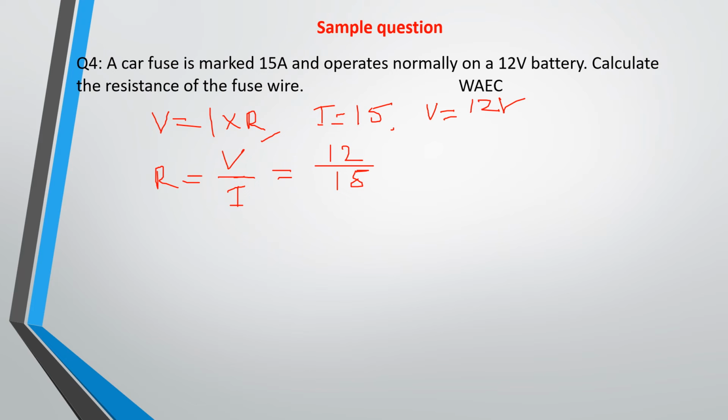So you can just work this out so that you have your answer. You have 0.8 ohm. Quite simple and easy. Okay, so you have 0.8 ohm as your answer. I hope this one is clear. So if it is clear, let's go to another one.